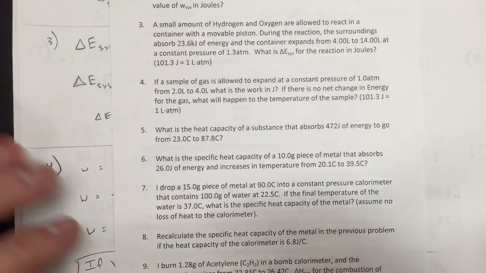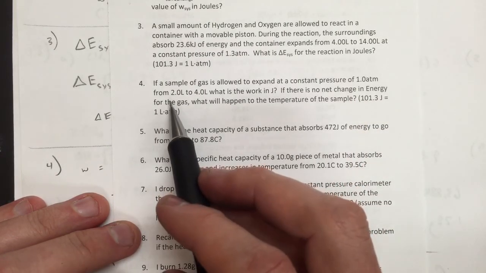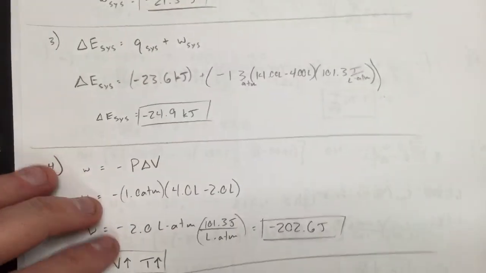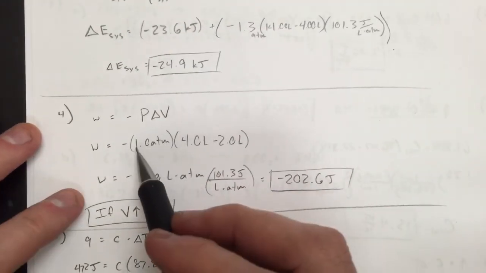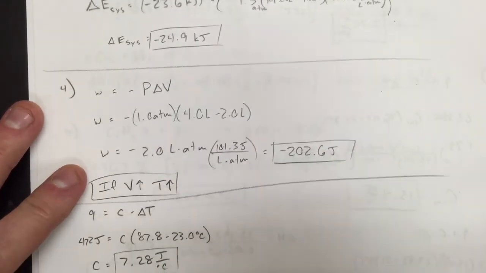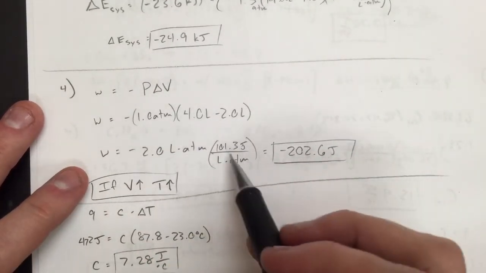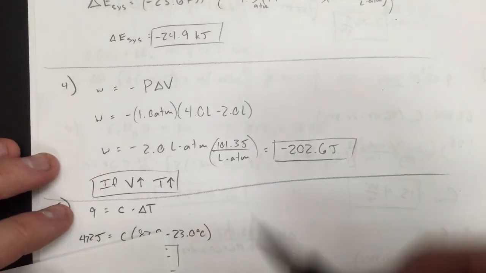Number 4 asks us, if a sample of gas is allowed to expand at constant pressure of 1 atmosphere from 2 liters to 4 liters, what would be the work in joules? For that first part, we have work is negative P times delta V, with the pressure in atmospheres and the change in liters, and then we change that into joules by using the conversion factor, 101.3 joules per liter atm.